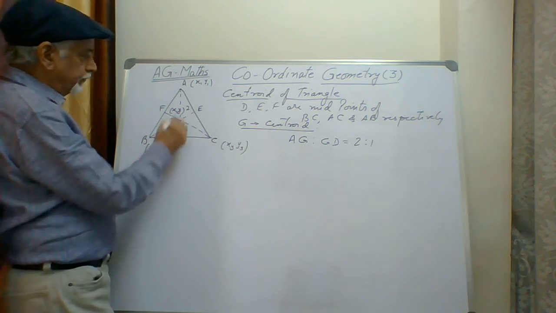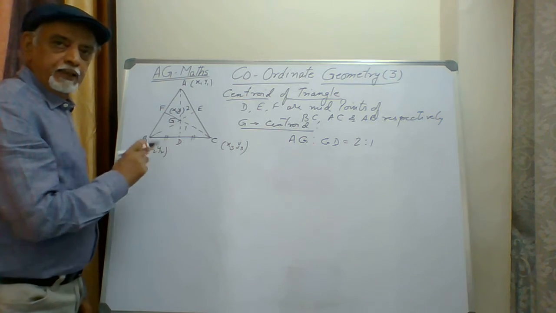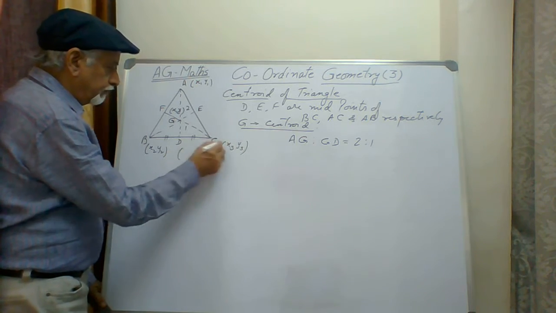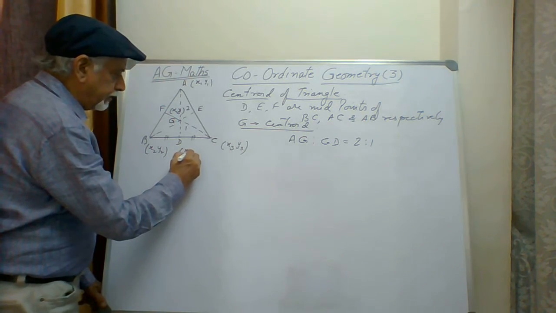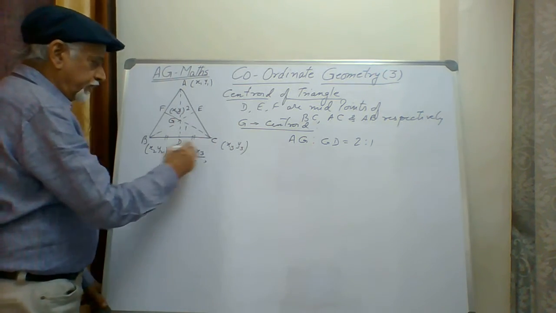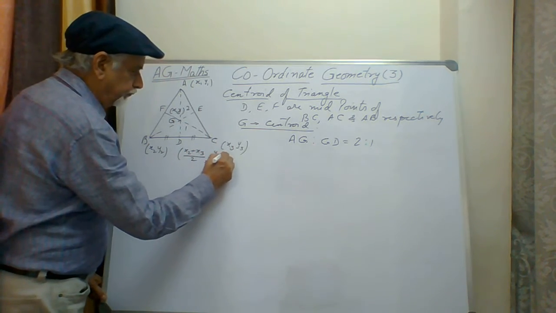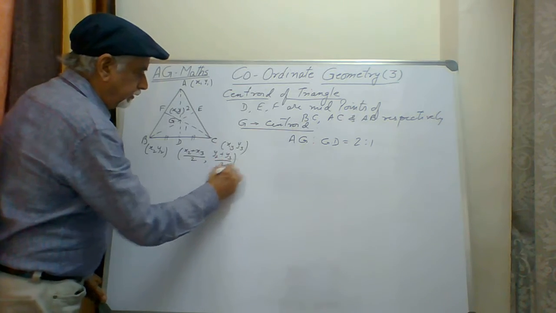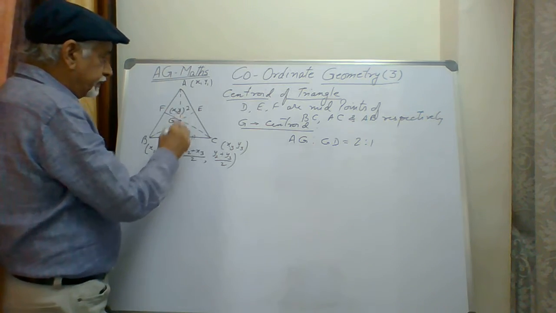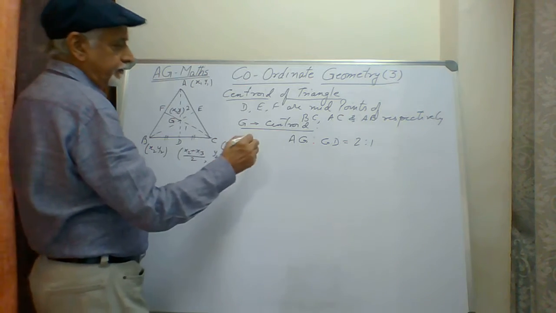Now we also know if AD is the median, then BD must be equal to CD. That is the meaning of median, middle point D. So the coordinate of D will be the sum of these two by 2, as we understood in our previous class in the section formula: the midpoint coordinate is the sum of the x values divided by 2 and the sum of y values divided by 2. This is the coordinate for point D. Now as point G is dividing the line AD in the ratio 2:1, we apply the section formula.